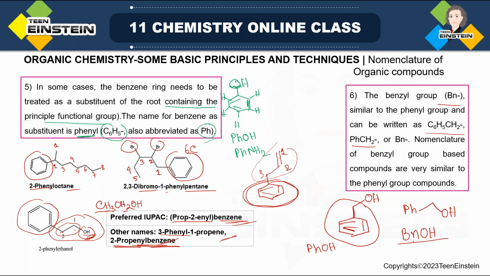If I write BnOH, that means it is attached after one CH2. Now, when it is like this, the name will be benzyl alcohol. And if it is PhCH2Cl, it will be benzyl chloride. So this group is benzyl, just like phenyl. One extra CH2 and the name changes to benzyl. And the nomenclature for benzyl group based compounds is very similar to phenyl group compounds.